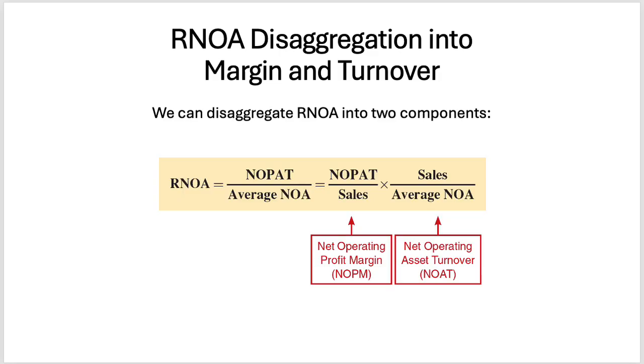We are talking about the profit margin that operational profit contributes, and then how effectively we are converting net operating assets into the level of sales that we enjoy, right?